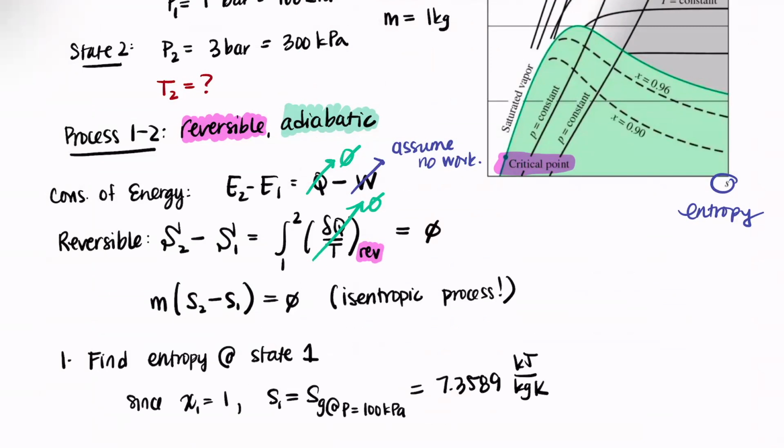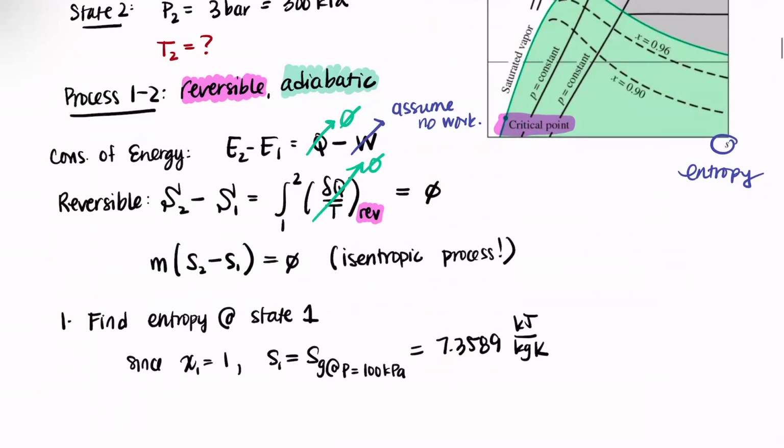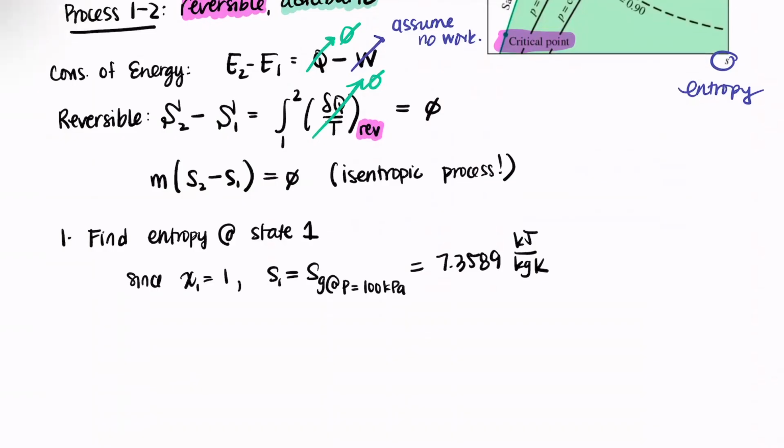All right. And since this is an isentropic process, this is also the entropy at state 2. So since S1 equals S2, we also have that S2 is 7.3589 kilojoules per kilogram K.